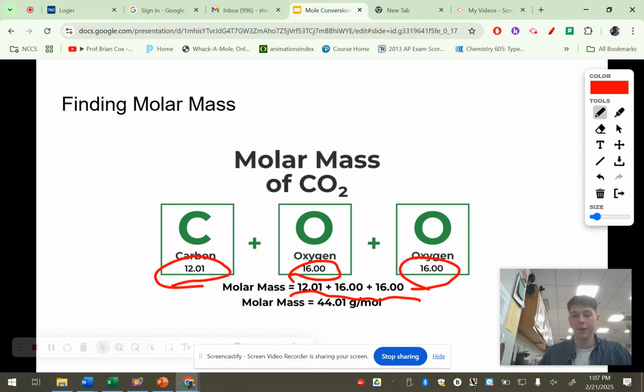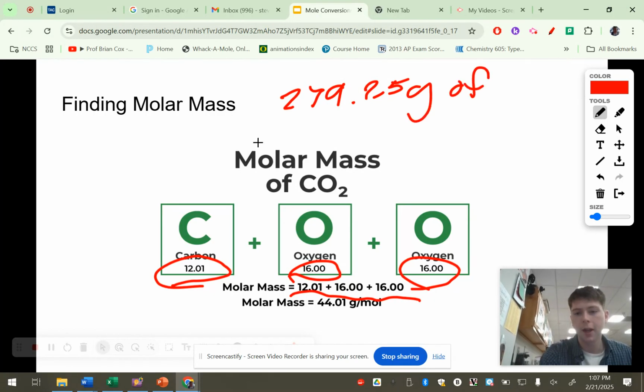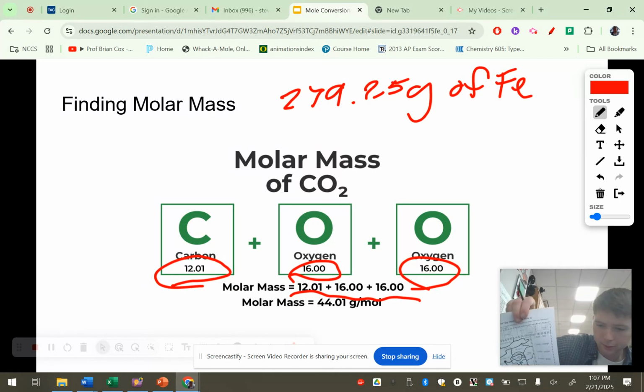If you're given grams, like you will be for this, you divide by the molar mass and get moles. For one of them you're given 279.25 grams of Fe. That's the goggles when you go to color it.